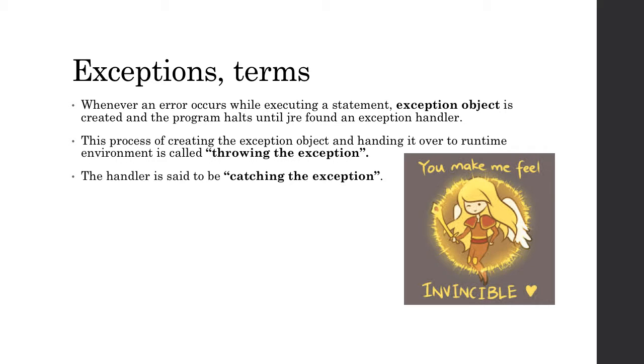Whenever an error occurs, an exception object is created, and the event of having an exception is called throwing an exception, and the exception handler, which is the thing you do in your catch statement, is called catching the exception.